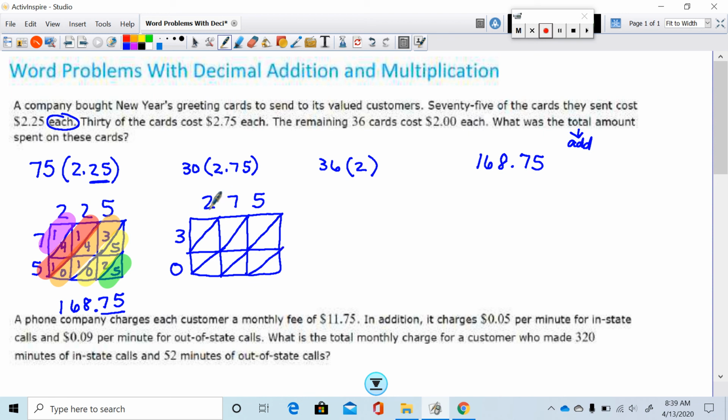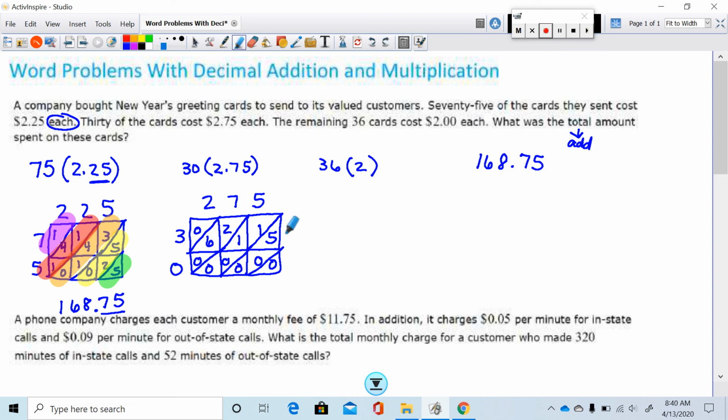And start multiplying. 2 times 3 is 6. 7 times 3 is 21. 5 times 3 is 15. 2 times 0 is 0. 7 times 0 is 0. And 5 times 0 is 0.